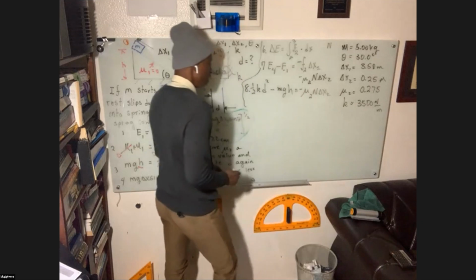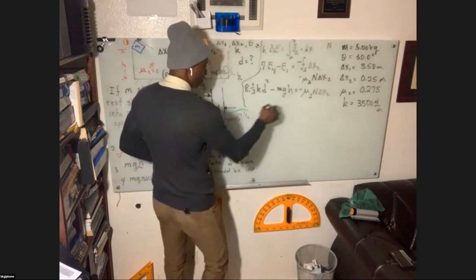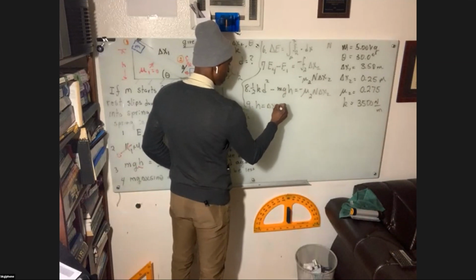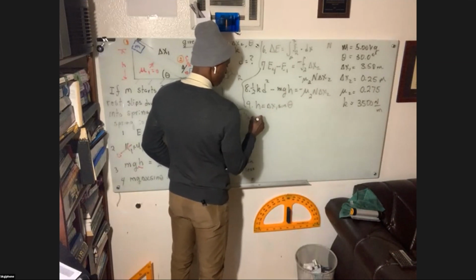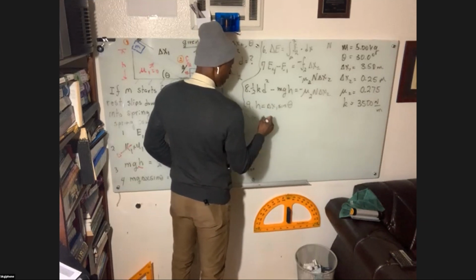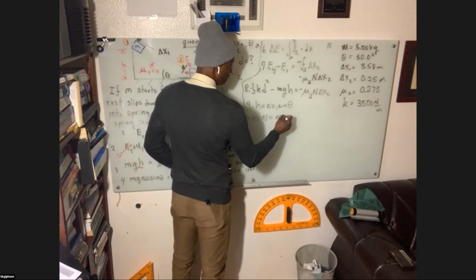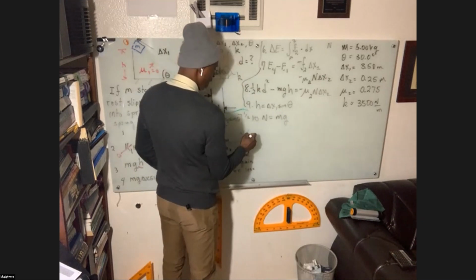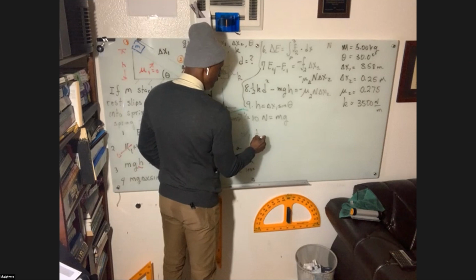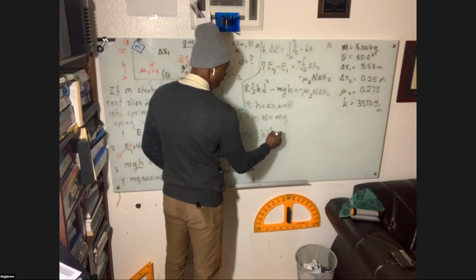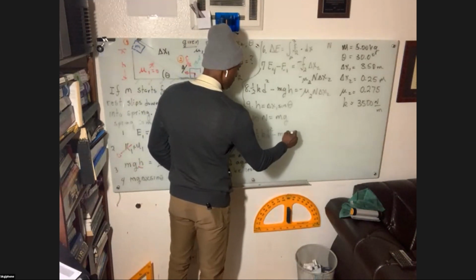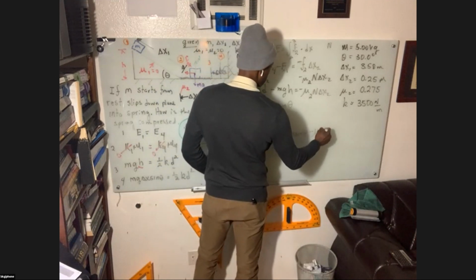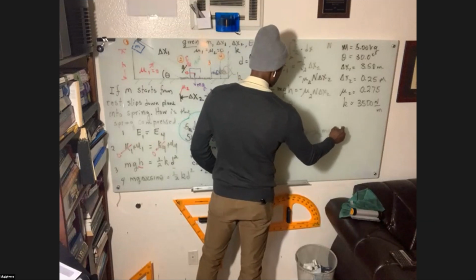Sorry about that. So again, we can put in that H is equal to delta X1 sine theta, okay? And N is equal to mg, by the second law. So when we stick those in, now we have 1/2 K D squared minus mg delta X sine theta, and then minus mu2 mg delta X2.